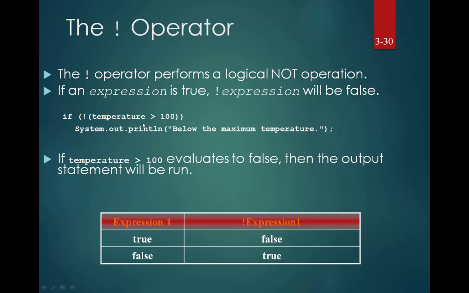This is going to be true when temperature is over 100. What if you want to know when the temperature is not over 100? Then one way to do it is to say temperature is over 100 and negate it. So temperature is not over 100.